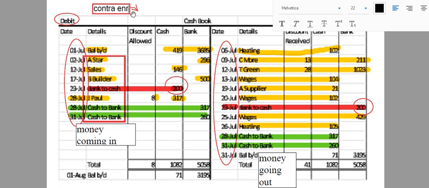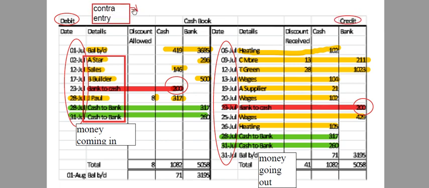And the amounts have to be the same on both sides. So if you notice, this is your cash increasing, and on the other side this $200 is also a contra entry. Actually both of these together will be considered as a contra entry, so we can mark this $200 also as a contra entry.